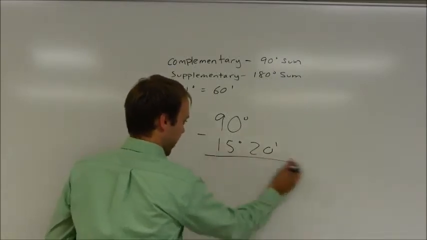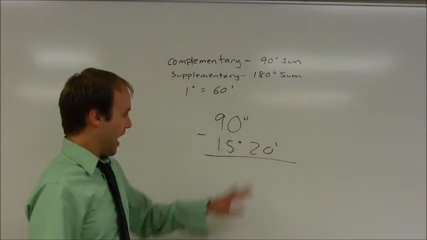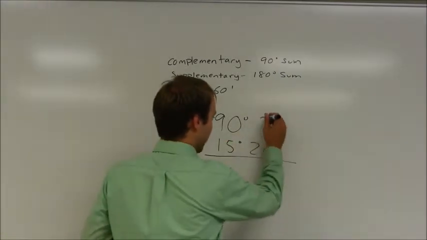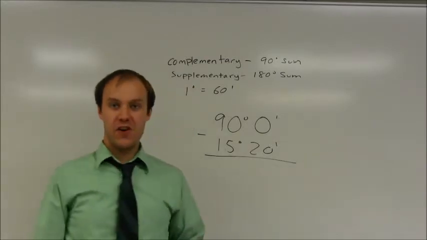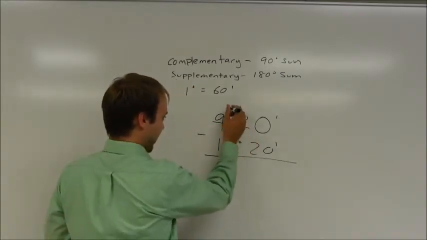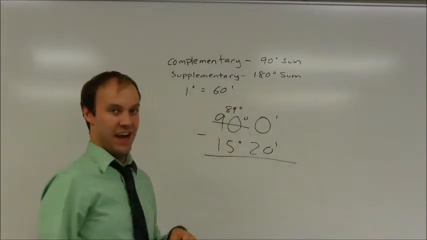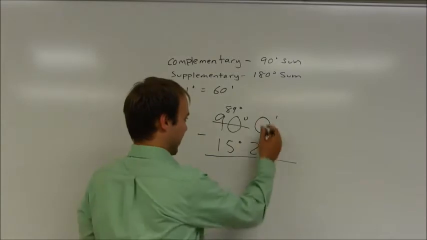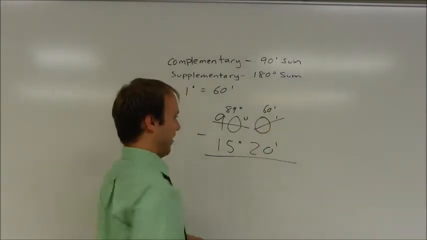You're going to run into the same kind of problem here. You don't have minutes. Technically, if you wanted to write something in, you have 0 minutes. So once again, you're going to have to borrow 1 of these 90 degrees. You can drop that down to 89. If I borrow 1 degree, that gives me 60 minutes that I can put right here.